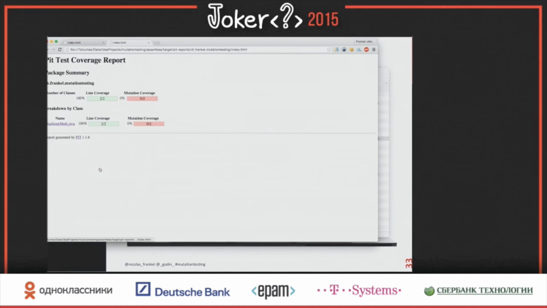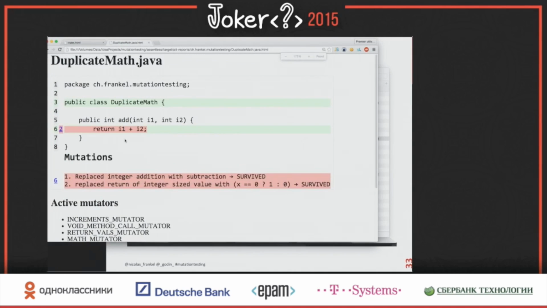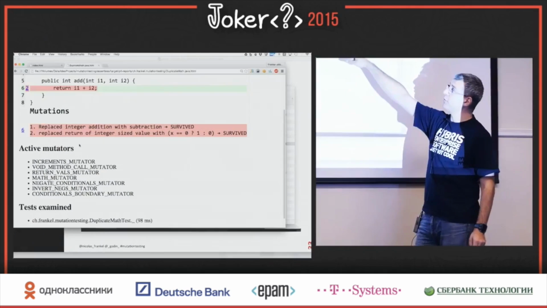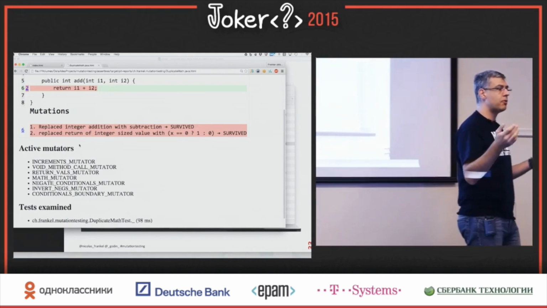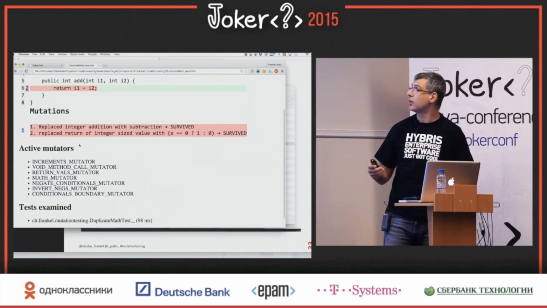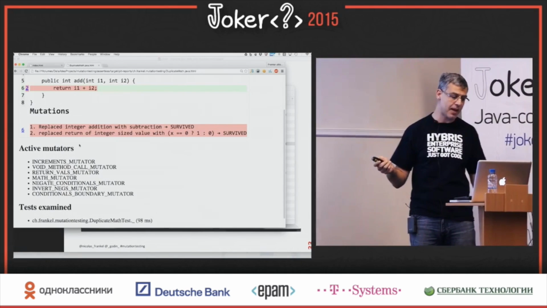And why? So, he applied 2 mutators, but the first one is enough, and he replaced addition with subtraction. And by replacing addition with subtraction, he ran the same test, and then he got a success. So the mutant survived, which is bad.